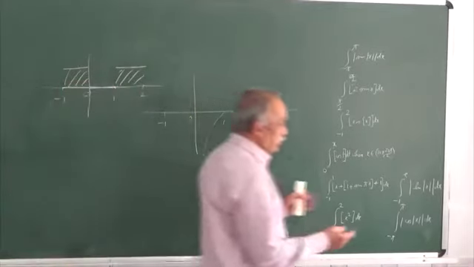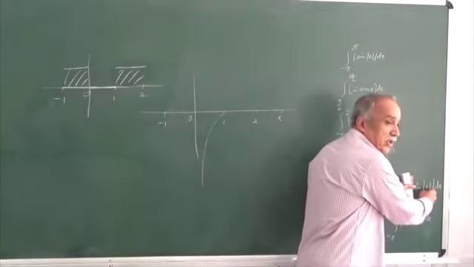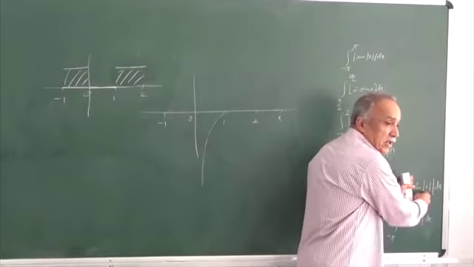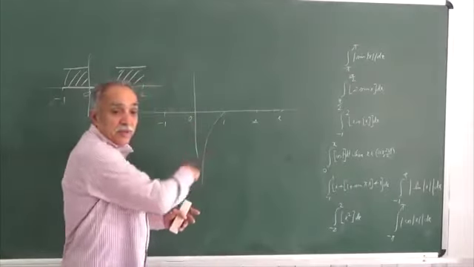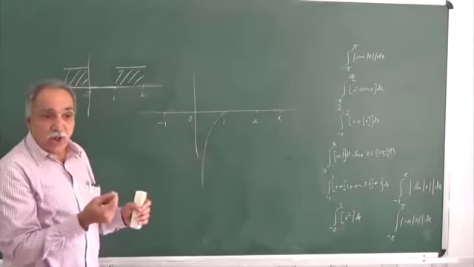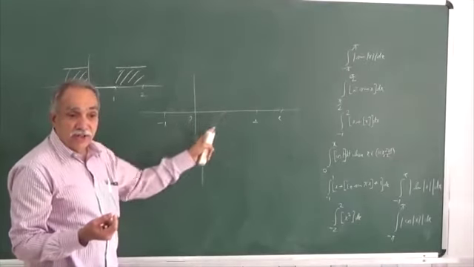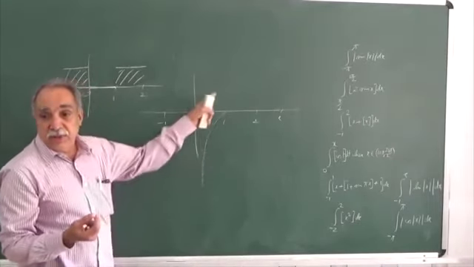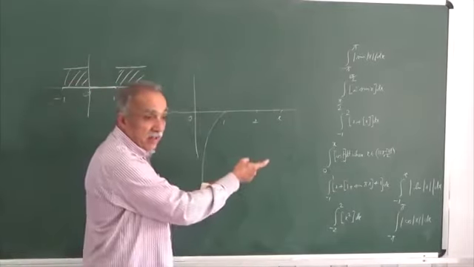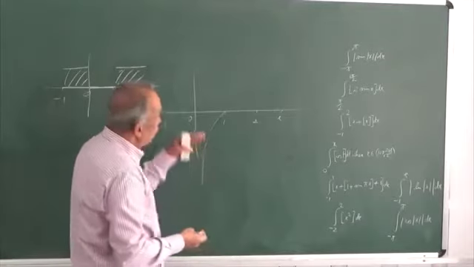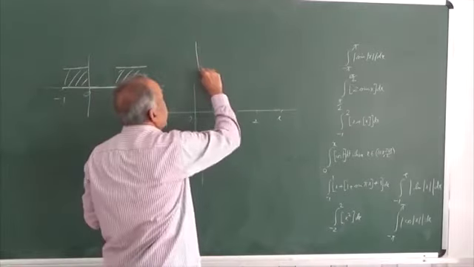I have not yet gone to the final function. I am just concentrating on this portion, log of mod x. For x, I have applied logarithm and I am getting this curve, because as x tends to 0, log x tends to minus infinity, and at x equal to 1 the value is 0. The function is increasing from minus infinity to 0. When you apply modulus to this, to get the final function to be integrated, the curve gets shifted to the positive side and the graph becomes this.